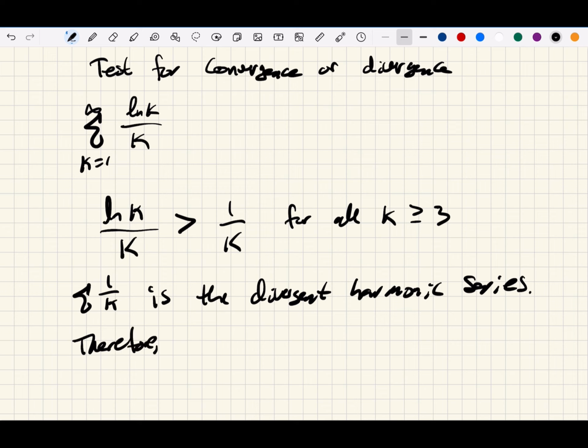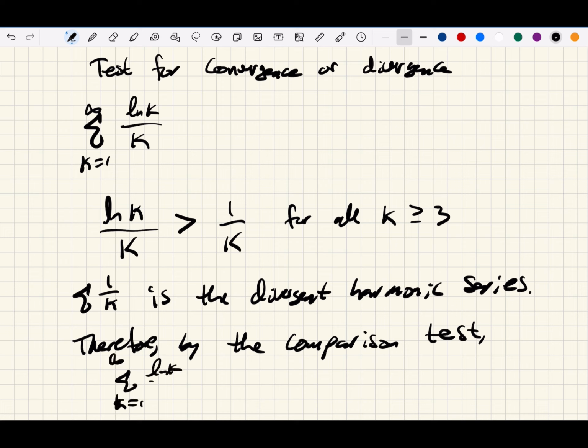Therefore, by the comparison test, the sum from k equals 1 to infinity of natural log k over k is divergent.